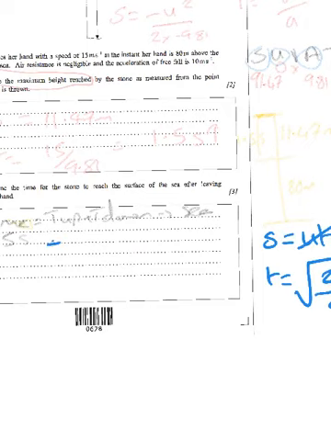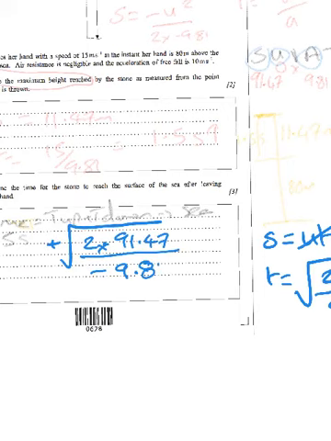So I'm going to put plus there, because you already got the first one, and then 2 times 91.47, root in there, 2 times 91.47 all over minus 9.81, and there's also the 91.47 is actually a minus 2 because it's going downwards.